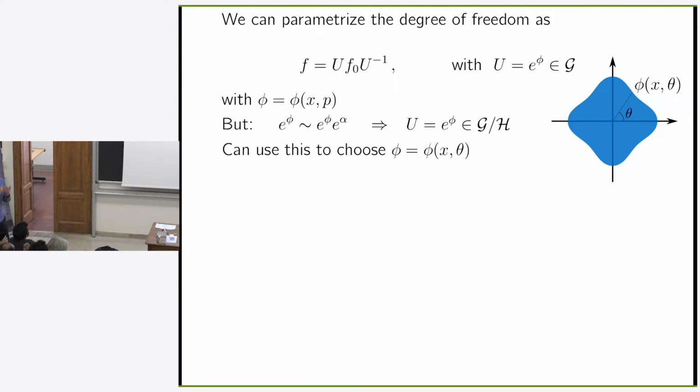But it turns out that not all phis are independent, because two u's that differ by some group element that leaves my seed state invariant will just commute and you'll get the same f.